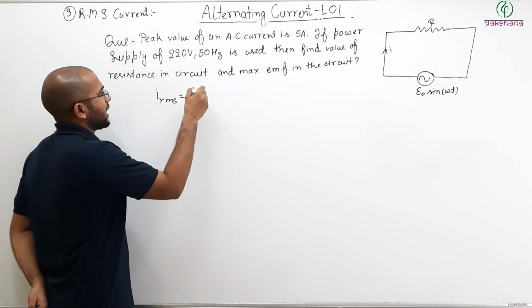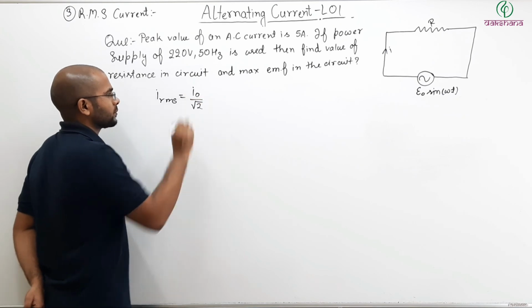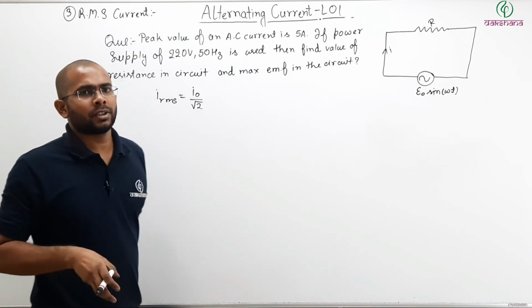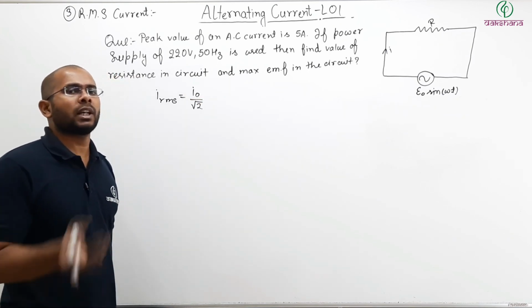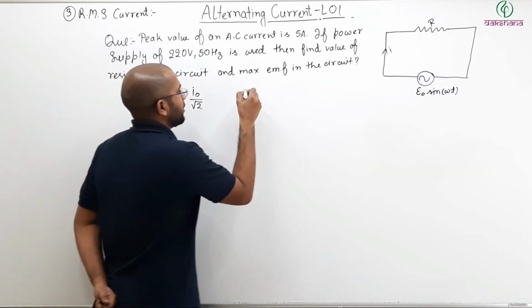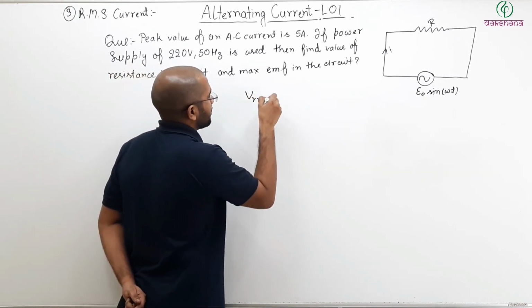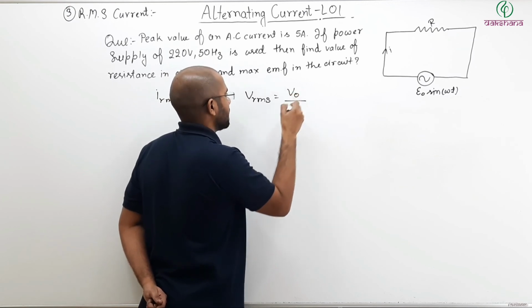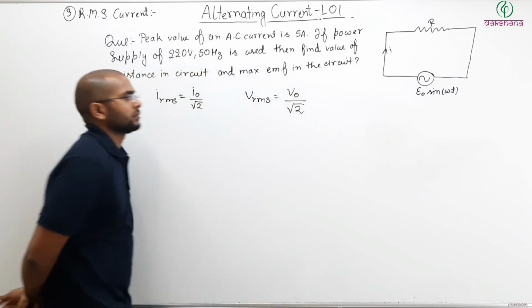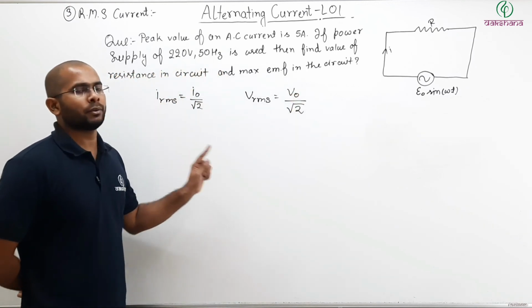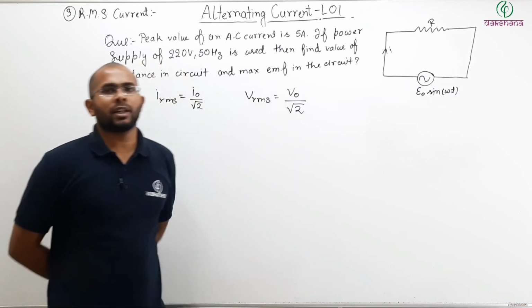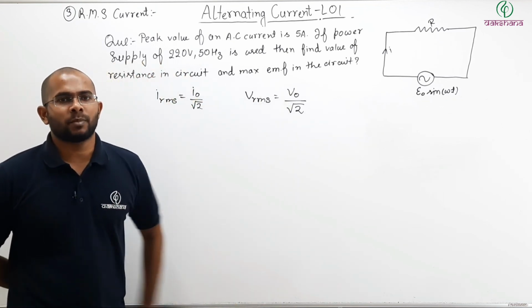IRMS is nothing but I0 by root 2. If you calculate for voltage also, you will get the same thing, meaning VRMS may also be written as V0 by root 2. So IRMS is I0 by root 2, VRMS is V0 by root 2 for an AC source supply.